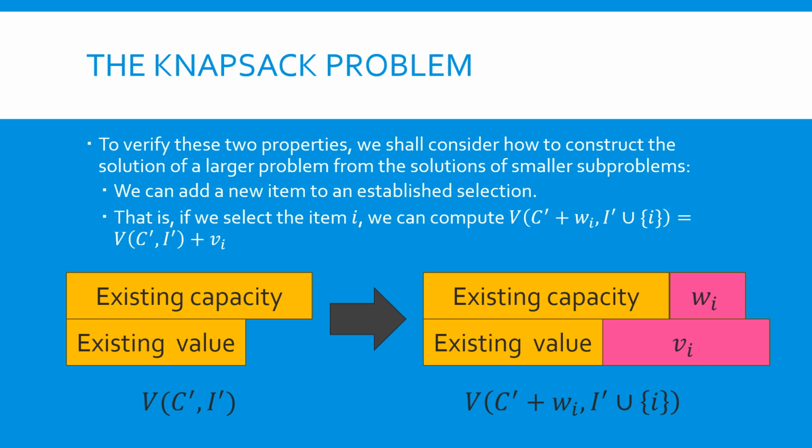Since the value is achieved by adding the new item i, the new value is calculated by adding Vi to the previous maximum value V(C', I'). In other words, we have the relationship V(C' plus Wi, I' union {i}) equals V(C', I') plus Vi. This is one possible way to solve a larger problem from the solution of a smaller subproblem.